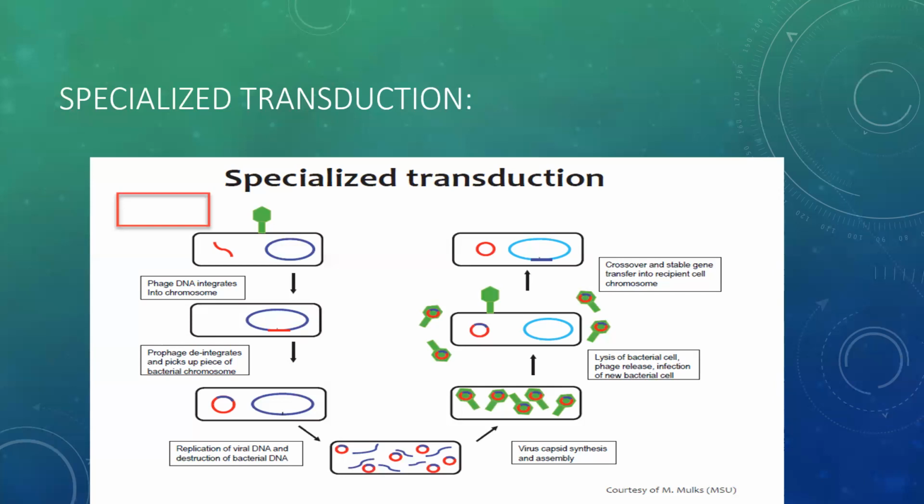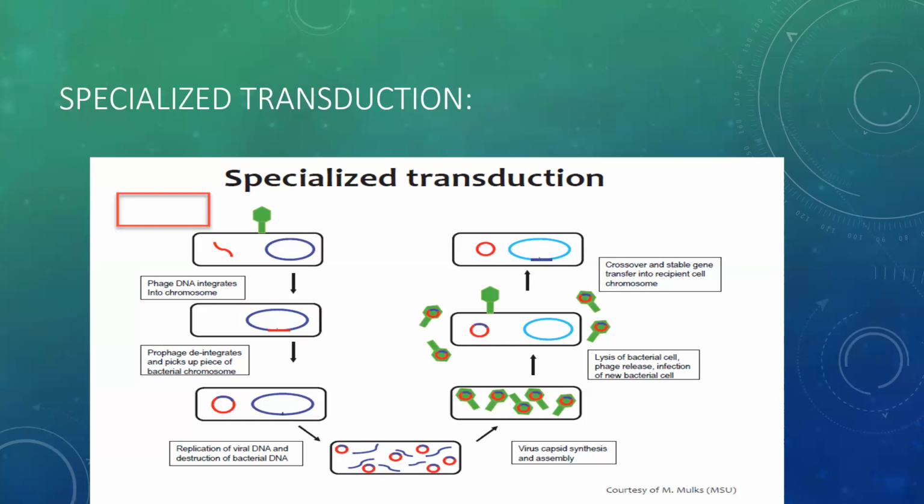Then the lambda phage directs the formation of phage particles, like their capsid proteins, their neck, they allow the formation of their own machinery, then the cell gets lysed. This is the specialized transduction.